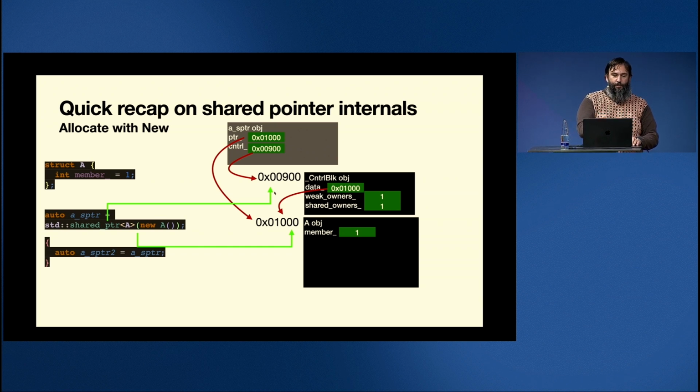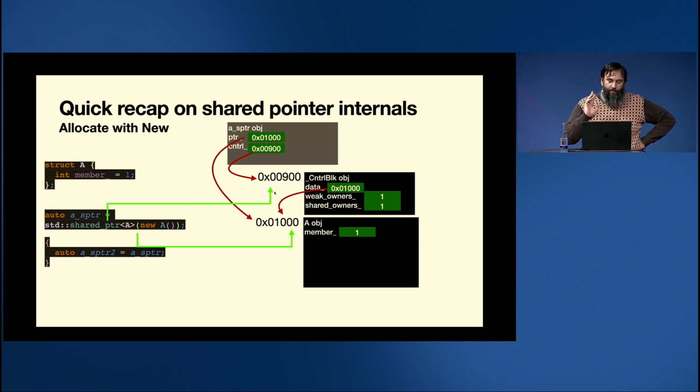Under the hood, the shared pointer implementation will create another heap allocation, which is a control block. We will talk about this in a second. This control block will have a pointer to the data, and your shared pointer will have a pointer to the data and a pointer to the control block.